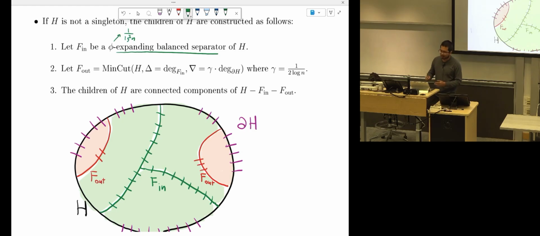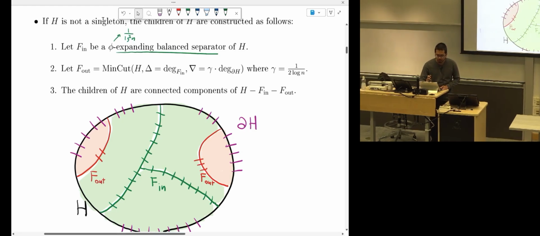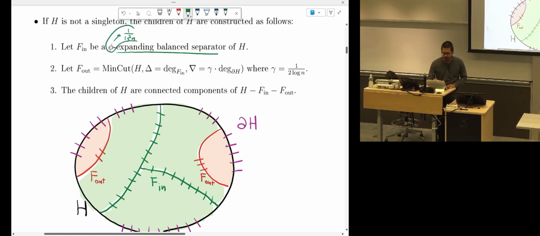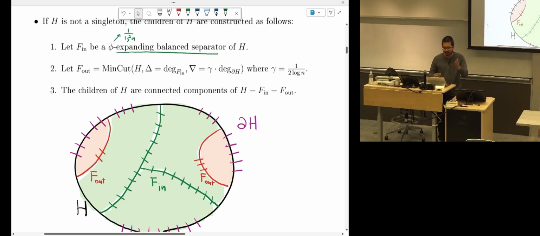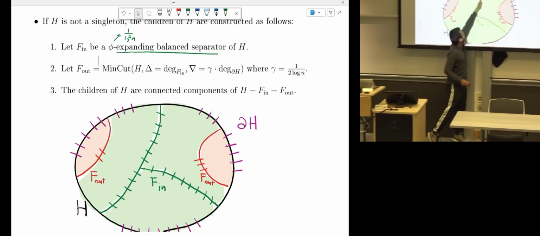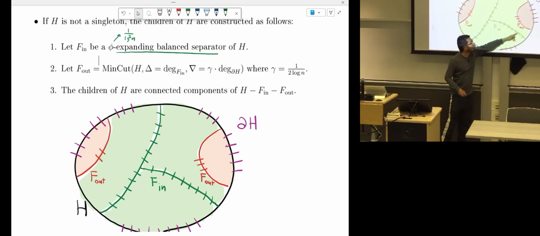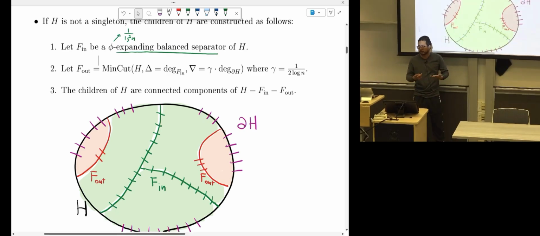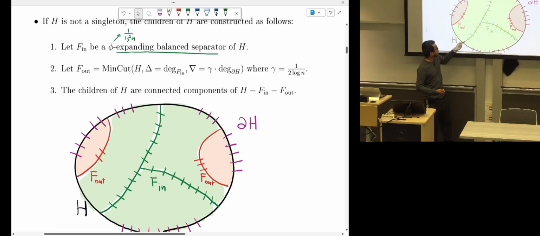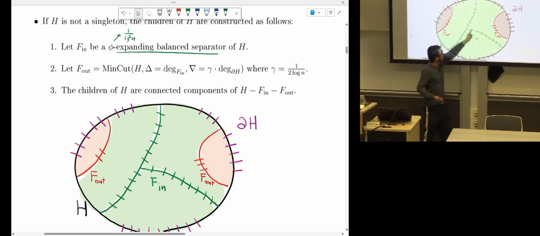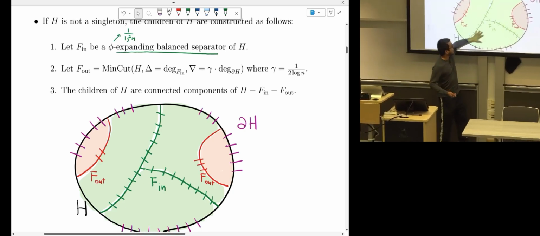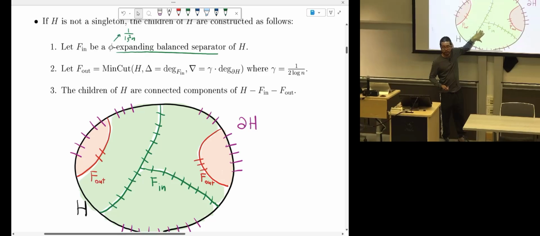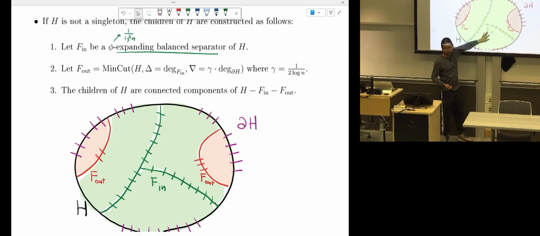We showed the slow algorithm where the expansion is like 1 over 4, but we actually showed a way to build this when phi is something like 1 over log squared, fast. Let's call this F_in, as in inner separator. This is just some balanced separator that is expanding in H.